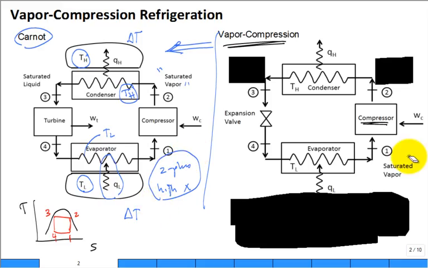We ingest saturated vapor. So it comes out of the evaporator completely evaporated, which means when I put it through the compressor, even if it's isentropic, state 1 shifts all the way over to here. So even if I have it isentropic to get up to that line of high pressure, guess what state 2 is?